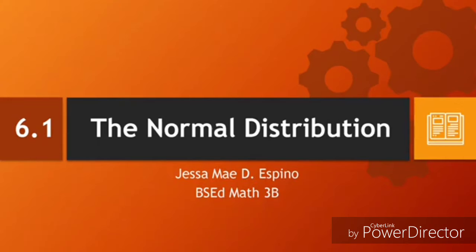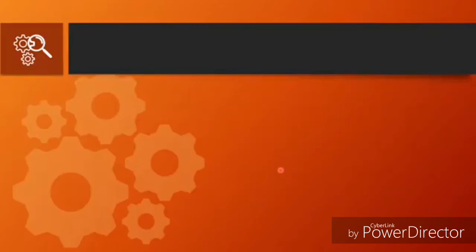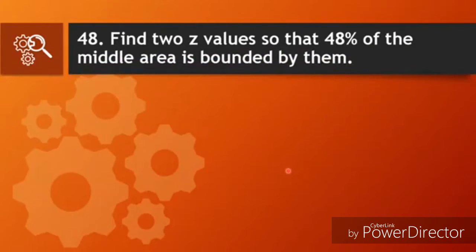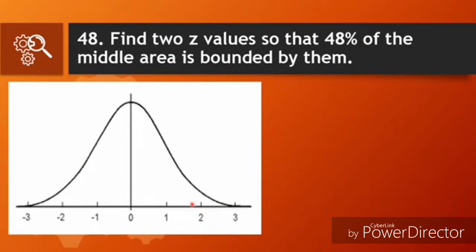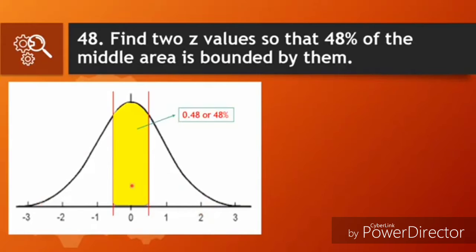The normal distribution, number 48: Find two z values so that 48% of the middle area is bounded by them. Let's say, for instance, we have this normal distribution curve, and this yellow part is the 48%, or 0.48.